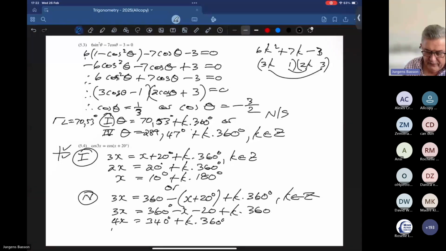And now we divide by 4. So x is equal to 85, plus k times 360 divided by 4, which will be 90 degrees. I think that's the two solutions. Looks correct to me.